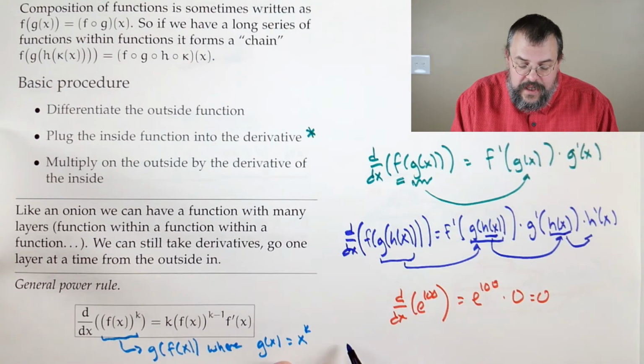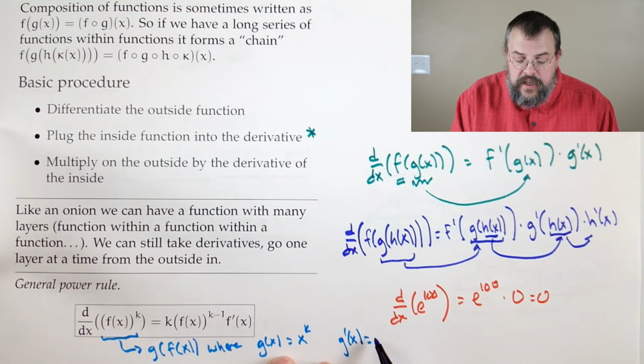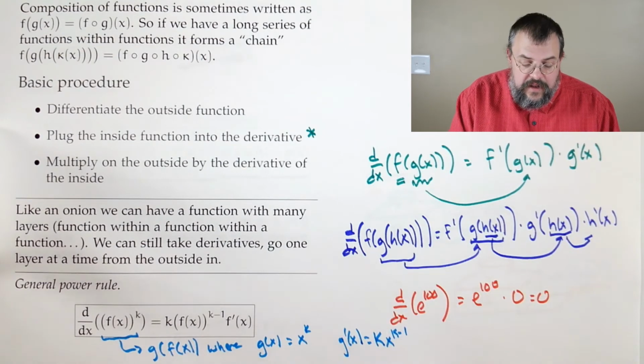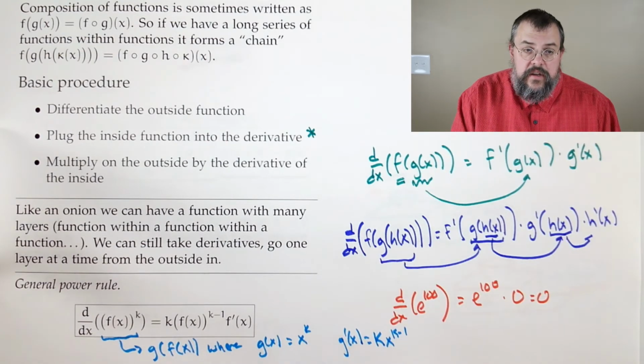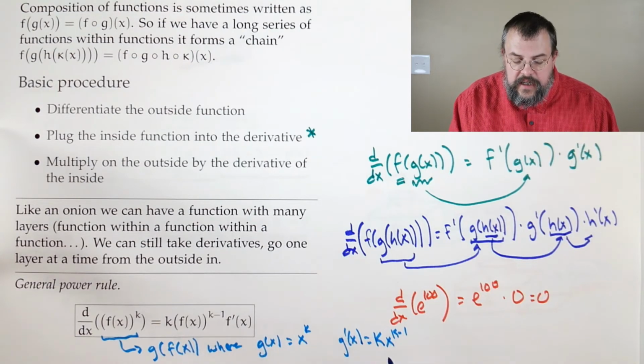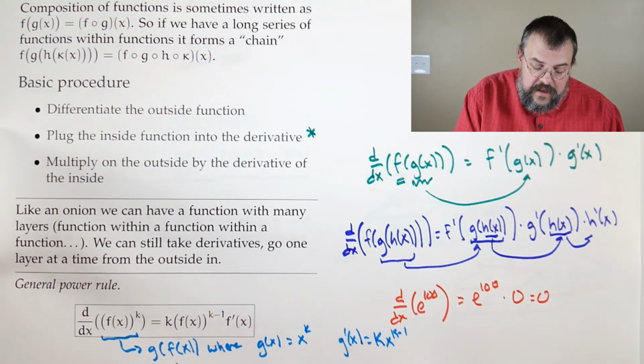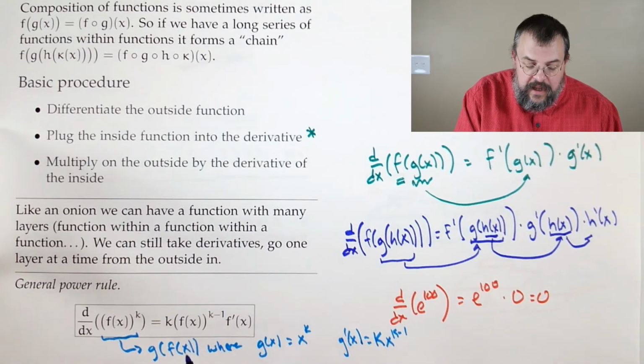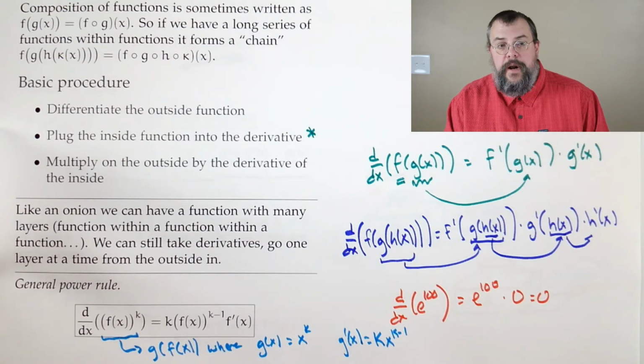Now, what is g prime of x? The derivative of x to the k would be k x to the k minus 1. So according to the chain rule, take the derivative of the outside, here's my function of the outside, here's the derivative of the outside, plug the inside in. So it'd be k f of x to the k minus 1, times the derivative of the inside, which is f prime of x.